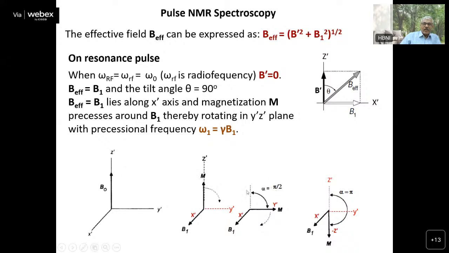If the duration of the B1 is such that it reaches the y-axis, we call this a pi/2 pulse. And if the duration is such that it reaches the minus z-axis, we call this a pi pulse.